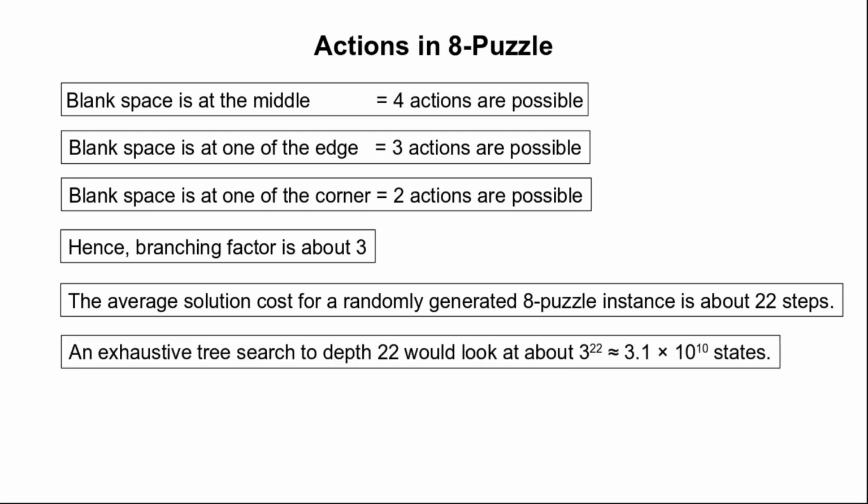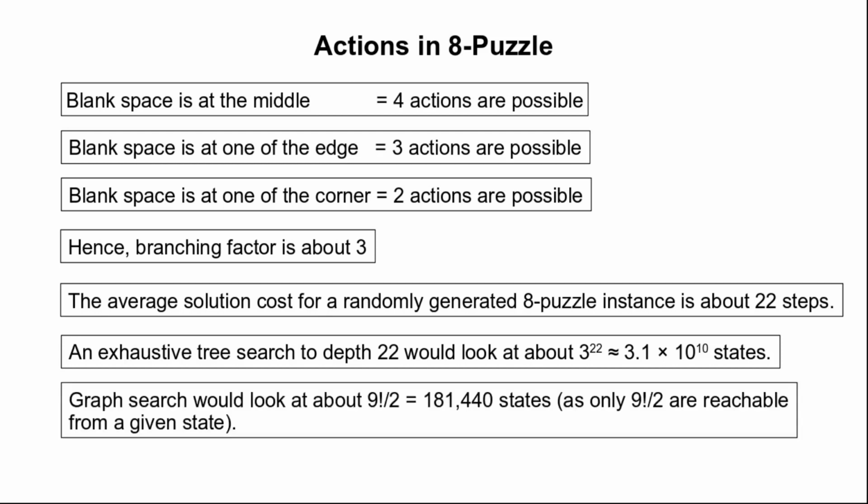So an exhaustive tree search to depth 22 would look at about 3 to the power 22, which is approximately equal to 3.1 times 10 to the power 10 states. That's because the branching factor is 3. So at the depth of 22, there would be 3 to the power 22 nodes or states.